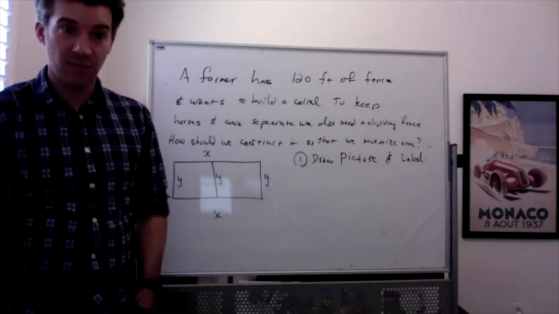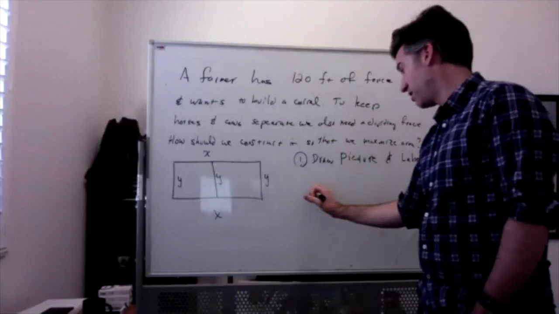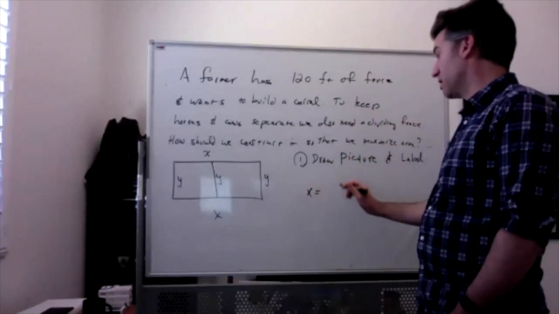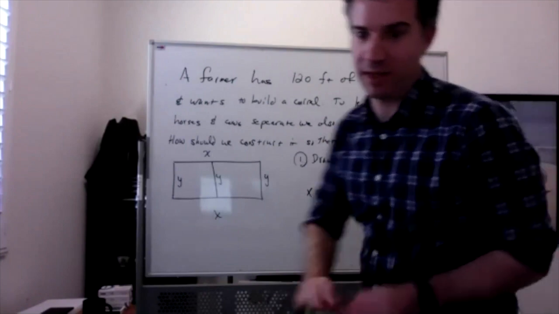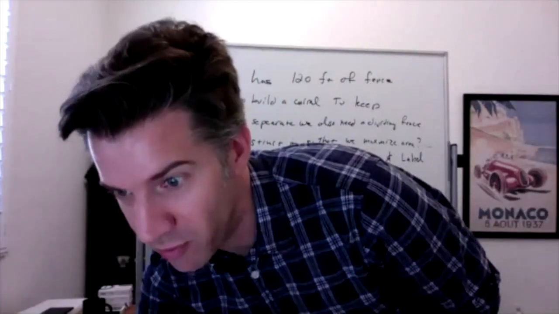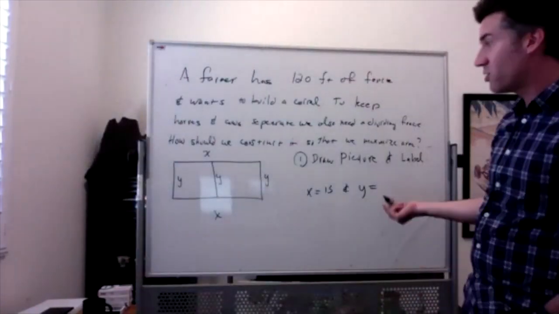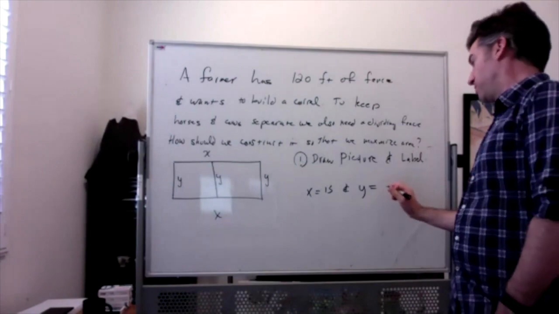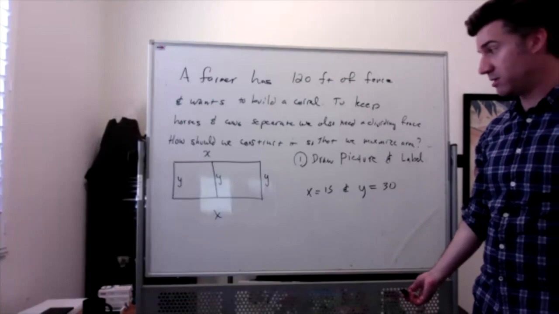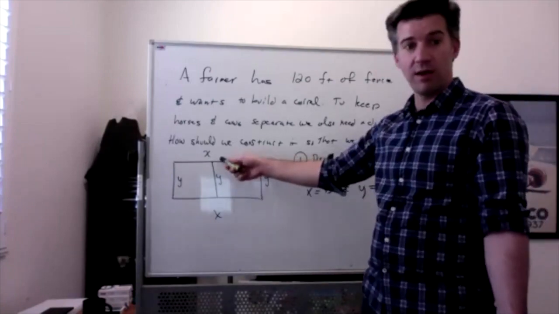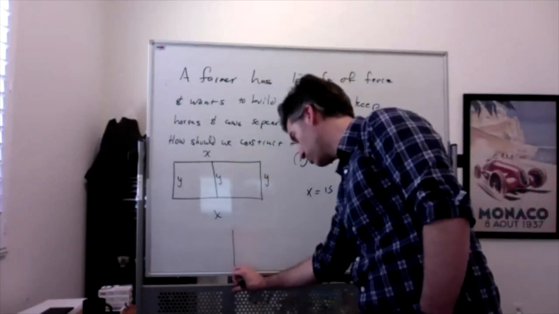So for example, if I have 120 feet of fence, X could be 15 and Y could be, let me make sure I'm not just picking the answer. Okay, I'm not. It'd be dumb if I just picked the answer like that. So X could be 15 and Y could be 30, and that would use up my 120 feet of fence: 15 feet here, 15 feet here, 30 here, here, and here.